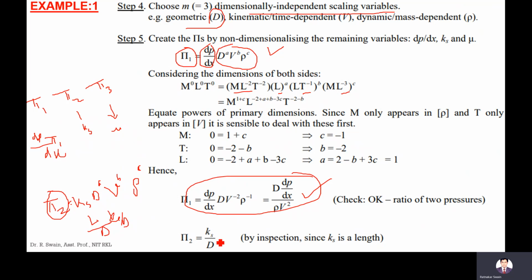Ks is the length, and the velocity is L T minus 1. If we solve for the a, b, c values, we will get a as minus 1, b as 0, and c as 0. So we will get ks by d.